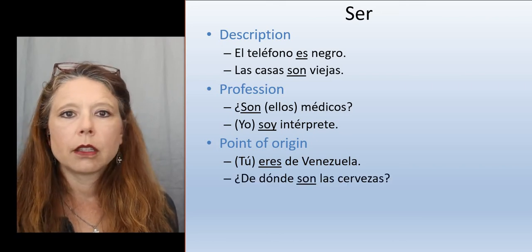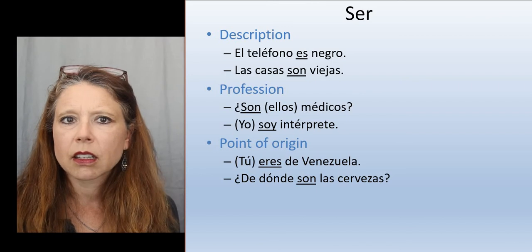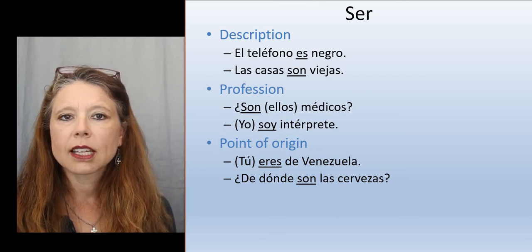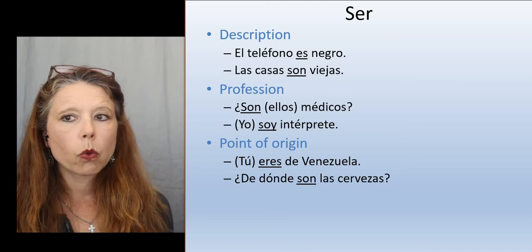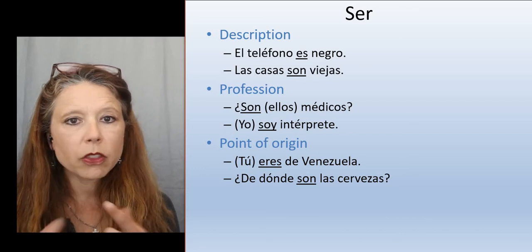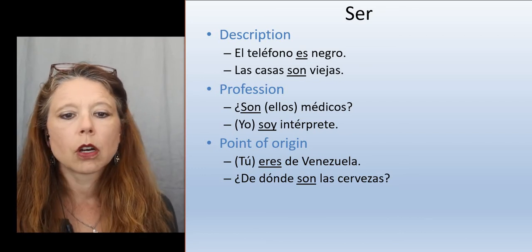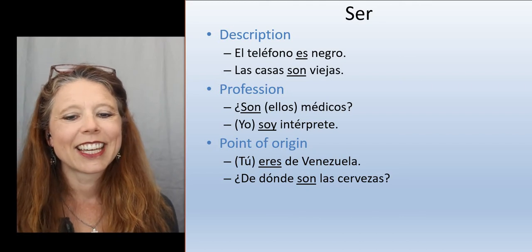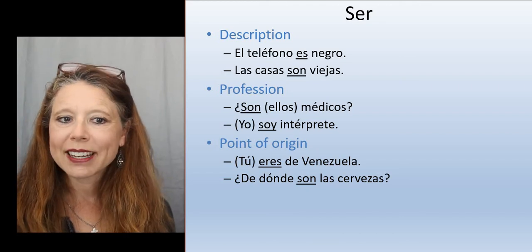You could ask, ¿de dónde son las cervezas? Where are the beers from? So we're talking about the origin of tú, or the origin of las cervezas, the beers. And so we use the verb ser.